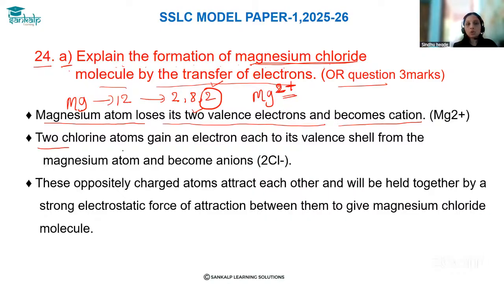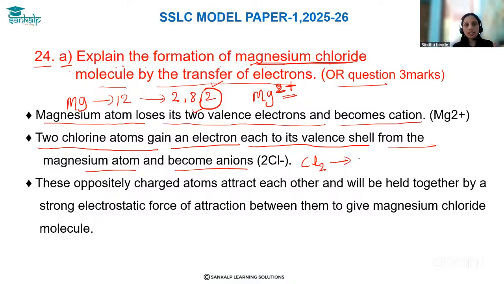Then two chlorine atoms each gain an electron into their valence shell from the magnesium atom and become anions. Chlorine's atomic number is 17, right? It has the electron configuration 2, 8, 7. The outermost shell contains 7 electrons.